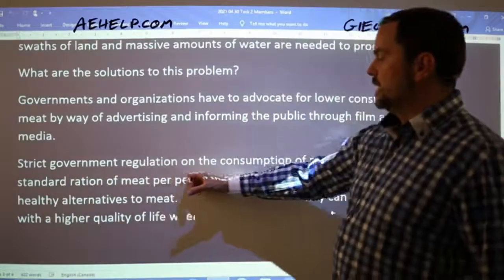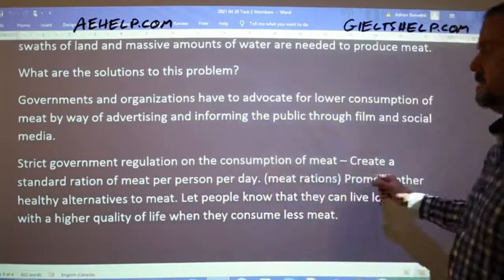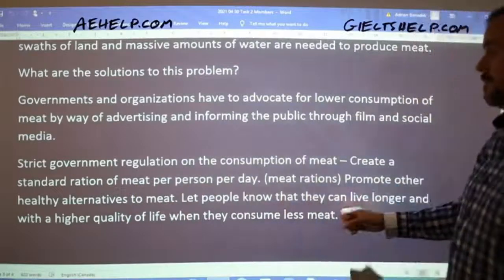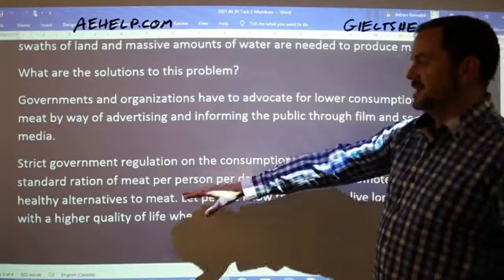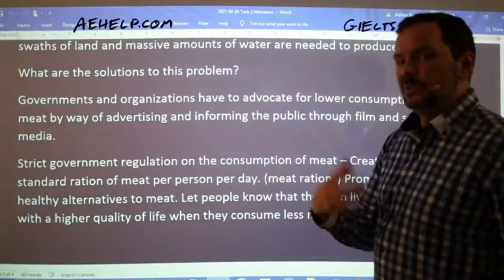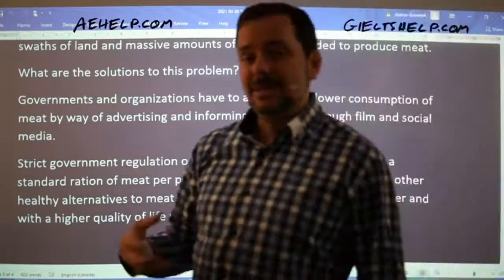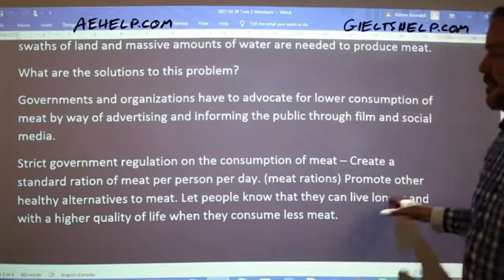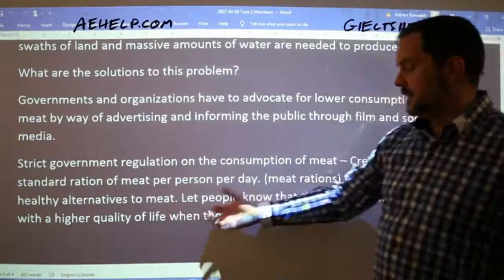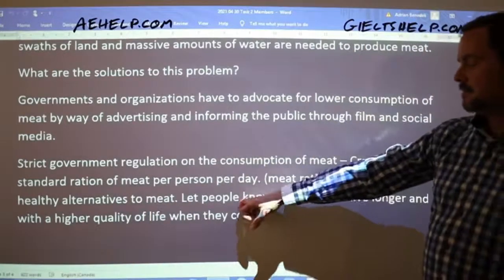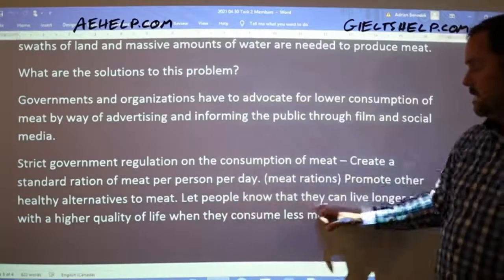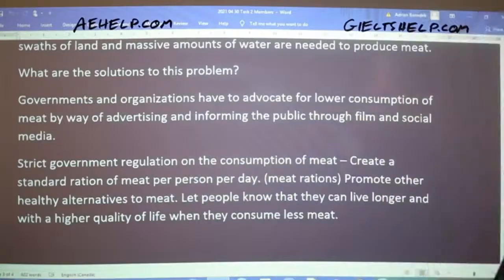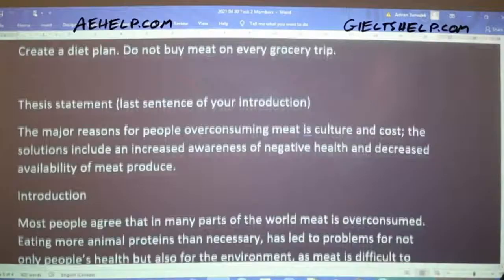Strict government regulations on the consumption of meat, maybe creating a standard ration of meat per person per day, or that would probably not even make sense, per week, because we don't actually need to eat meat every day, right? Okay, and promoting other healthy alternatives to meat, other types of proteins, vegetable proteins. Let people know that they can live longer with a higher quality of life when they consume less meat.